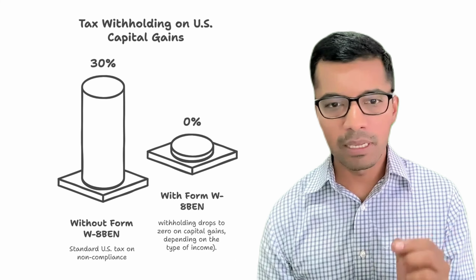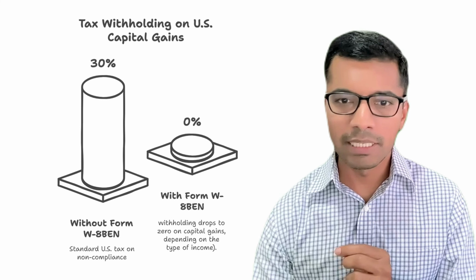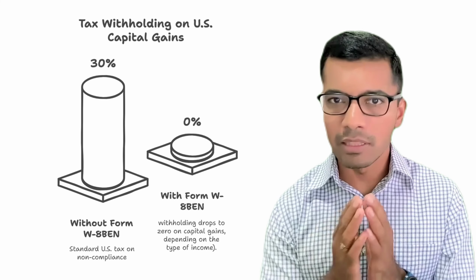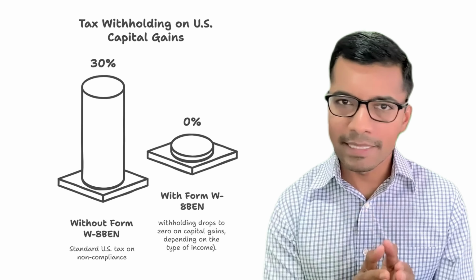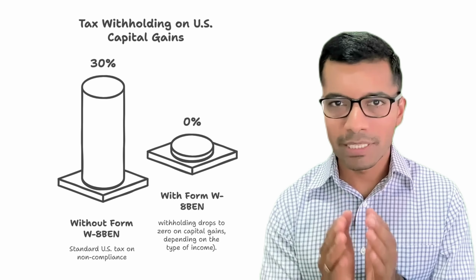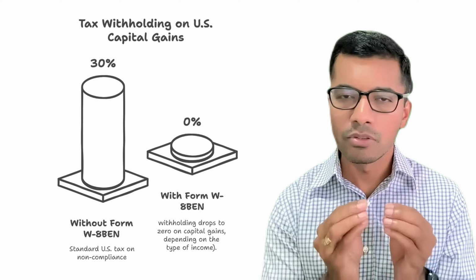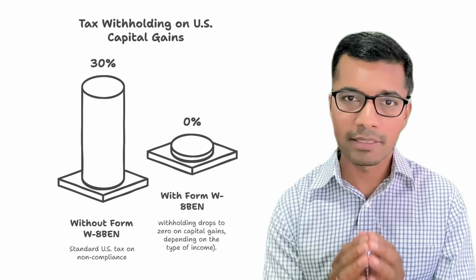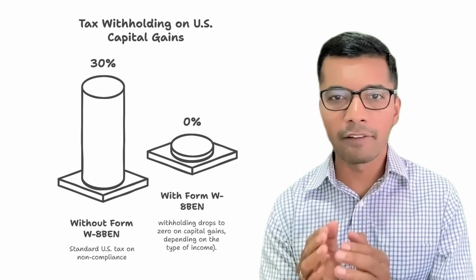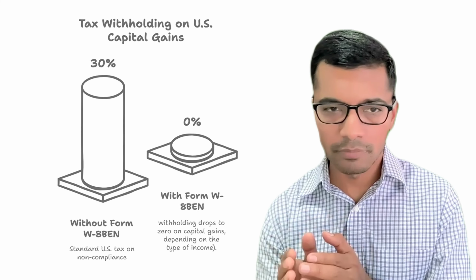With W8BEN, based on the US-India treaty, the capital gains on publicly traded stocks are exempt from US tax withholding. So the US custodian would not be withholding any taxes on the capital gains that you have on your stocks. This is a form to keep more of what you earn.